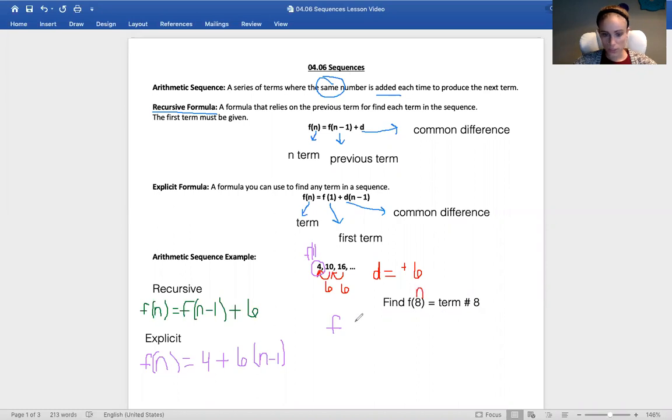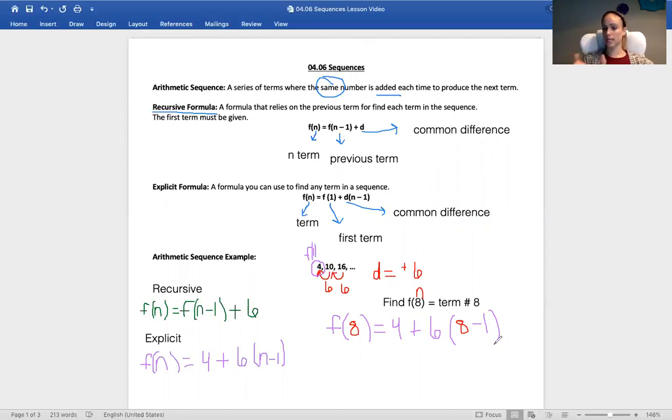So we will substitute 8 in for our variable n. f of 8 is equal to our first term, which is 4, plus 6, our common difference. But now instead of n minus 1, we will have 8 minus 1. Now we have an equation that we can solve.